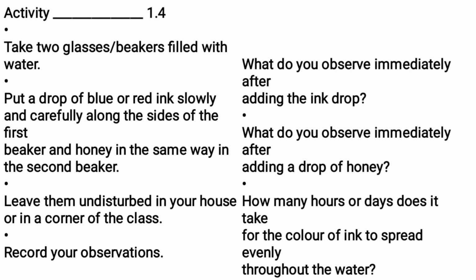So in the first beaker you need to drop some blue or red ink from the side of the beaker, and in the other beaker you need to drop honey in the same way. Leave them undisturbed in your house or in a corner of the classroom and record your observation. You have to do this experiment and leave it in a corner and record those observations.